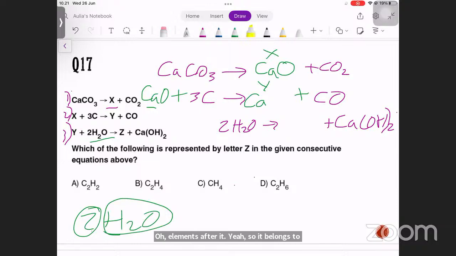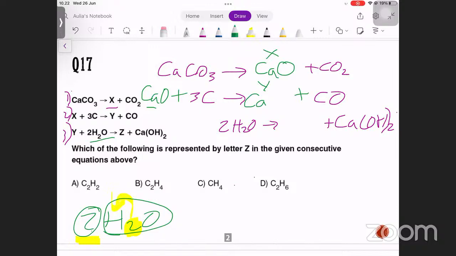But if the number belongs only to one element, it must be written after the element itself. So for example, in 2H2O, the 2 in front of hydrogen belongs to both hydrogen and oxygen. But the 2 as a subscript after hydrogen belongs to hydrogen only.